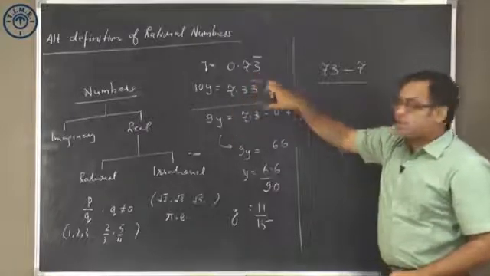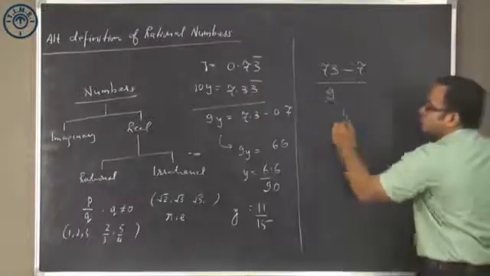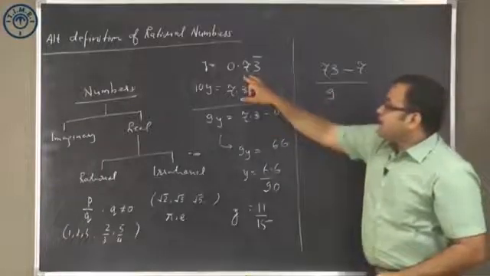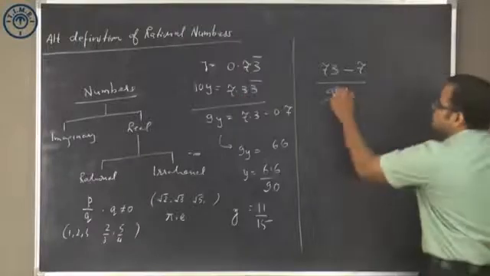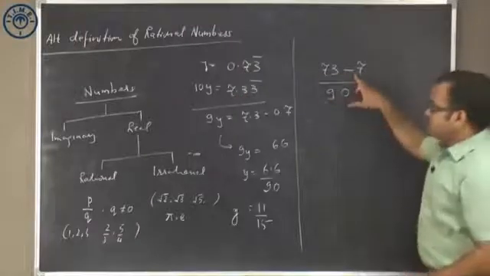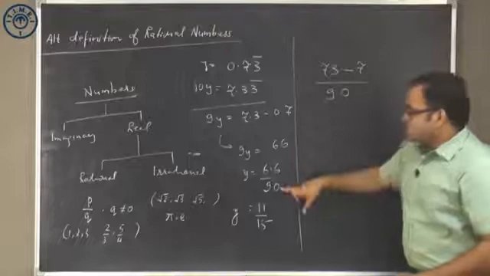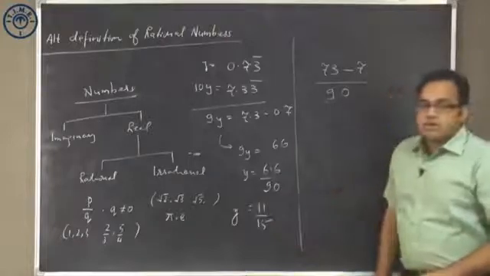There is only one digit repeating, so I'll put one 9 over here, followed by as many zeros as the number of non-repeating digits. So this will be followed by one 0. 73 minus 7 is 66, 66 upon 90, directly we get it from here.